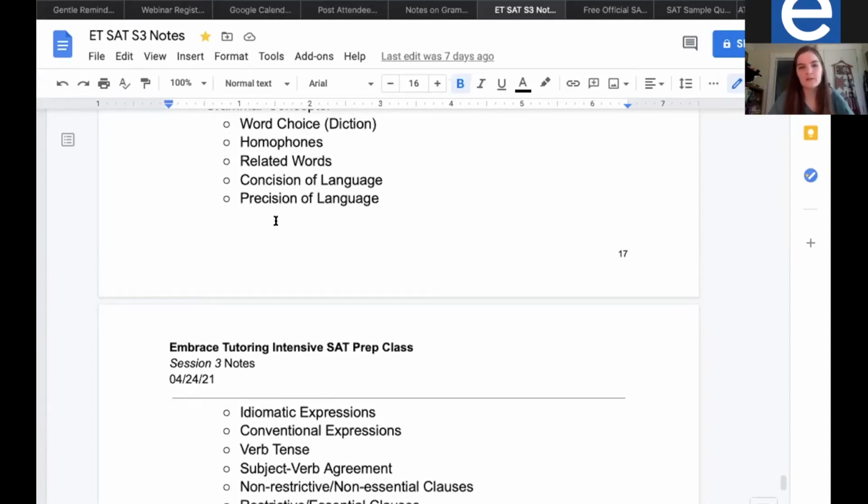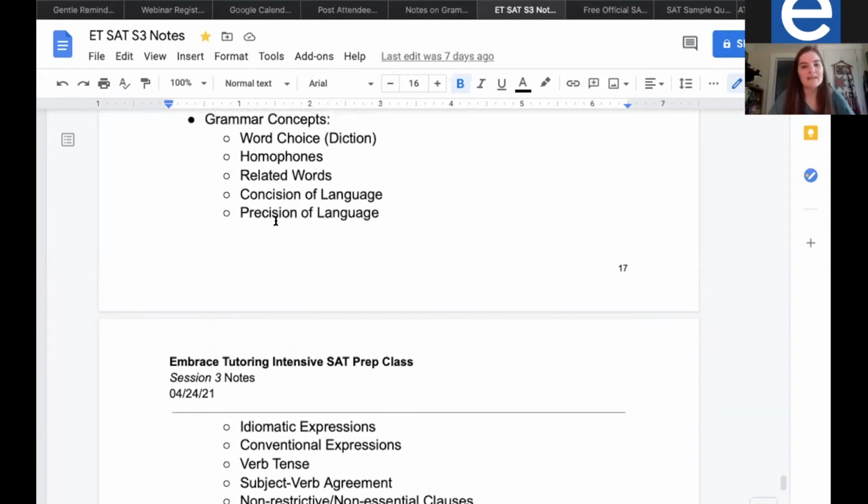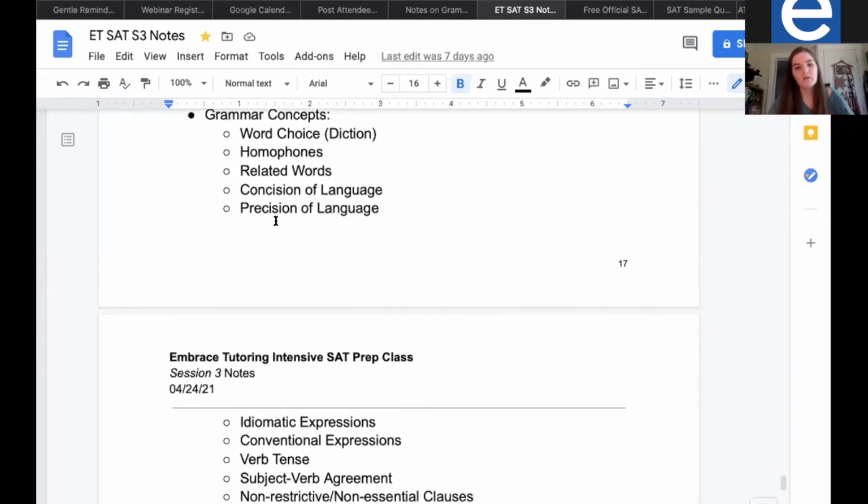It basically is what it's saying. Okay, we're dealing with things like related words. We're dealing with concision of language, so being concise, being able to succinctly say what it is that we're trying to say, and to be precise with our language. So using an appropriate word or using the proper construction to convey a thought, okay?